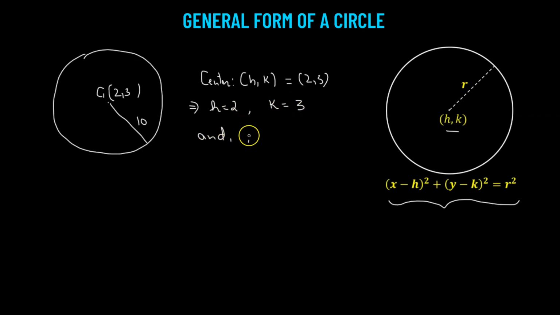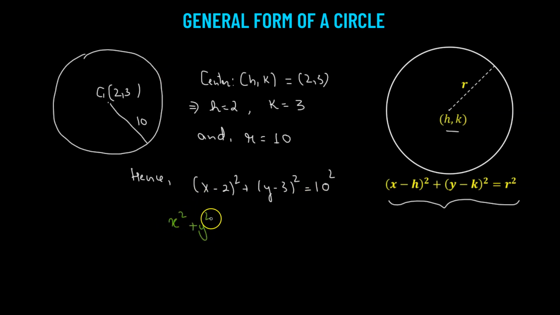And we have also found the radius: 10 units. Hence, we can define the equation of the circle as x minus 2 whole squared plus y minus 3 whole squared equals the square of the radius. This is the equation of the circle in its standard form, and if we want, we can expand it to get the general form. So we get x squared plus y squared minus 4x minus 6y minus 87 equals 0. So this is the equation of the circle.